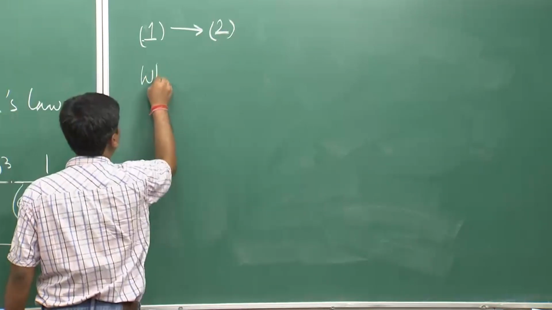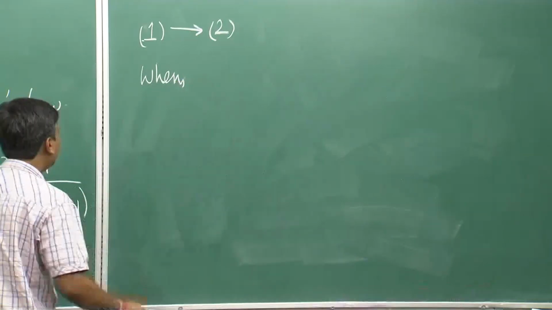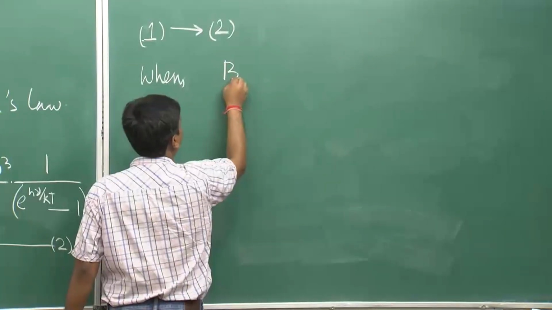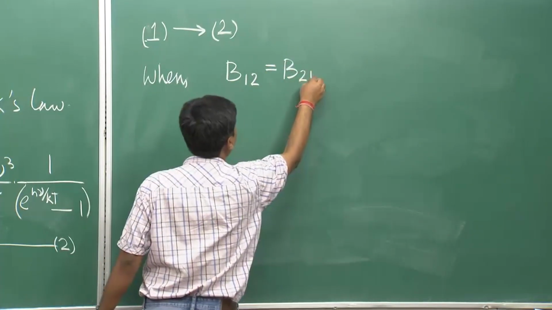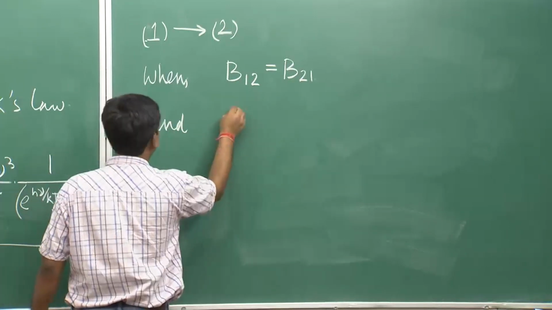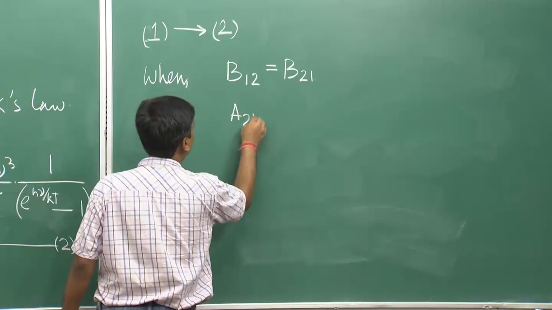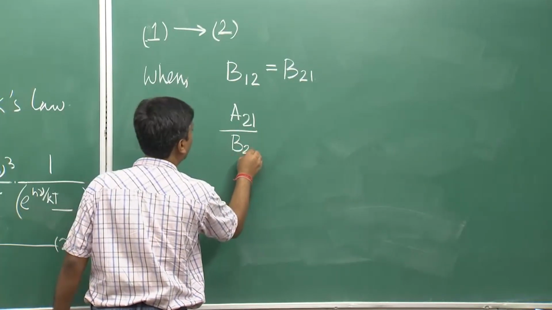when B12 is equal to B21 and A21 divided by, say, B21.